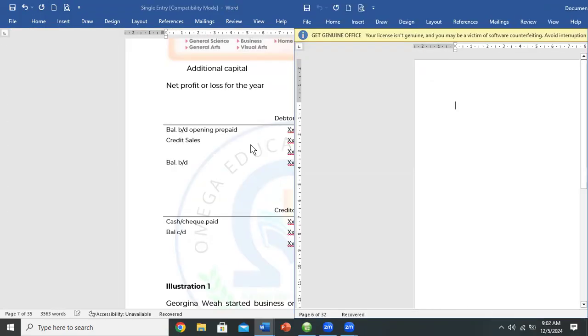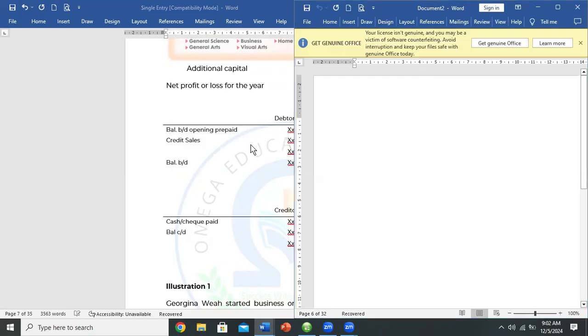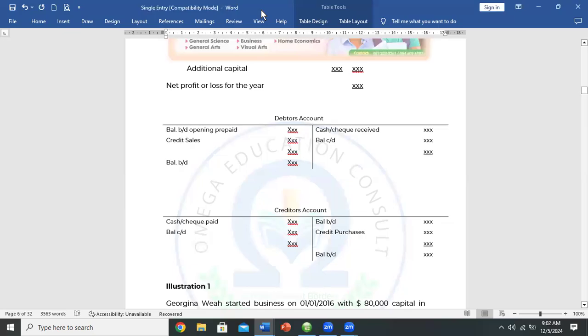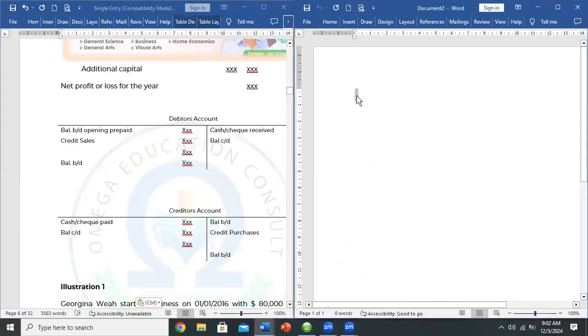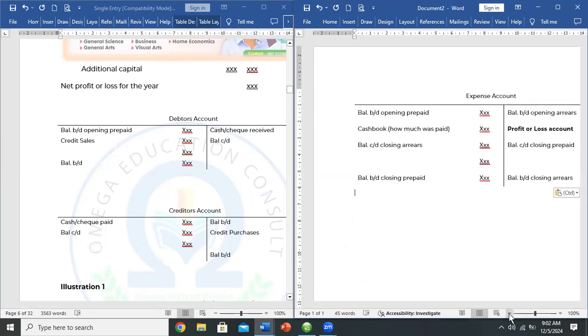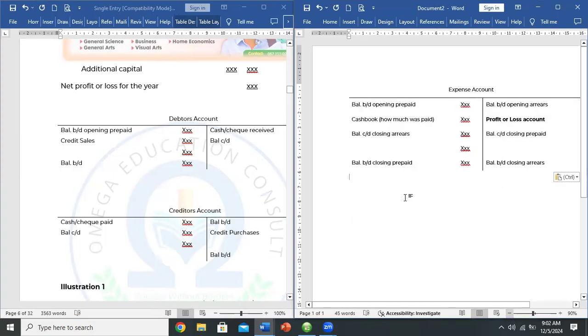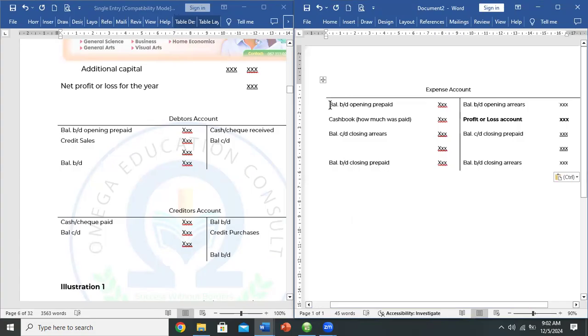You appreciate that expenses prepaid are assets and expenses owings are liabilities. And vice versa is for income. Income prepaid is a liability, and income in arrears or outstanding is an asset. Okay, so this is my expense account.